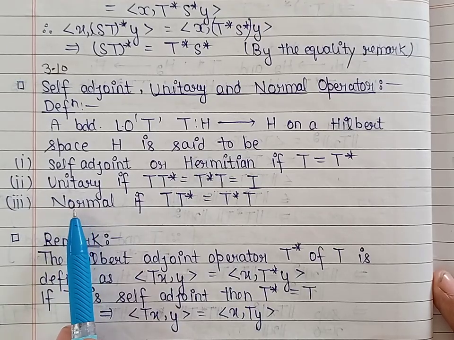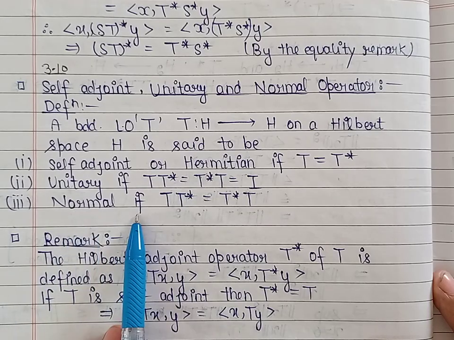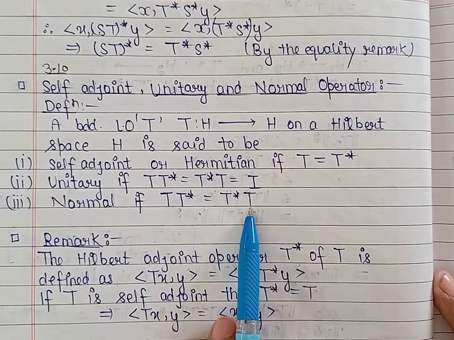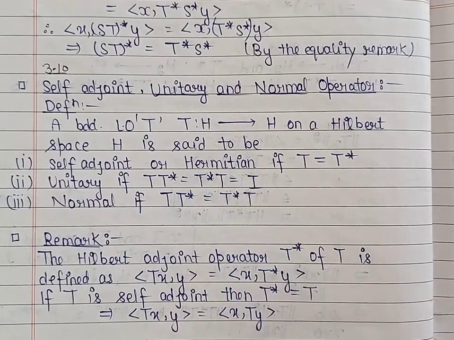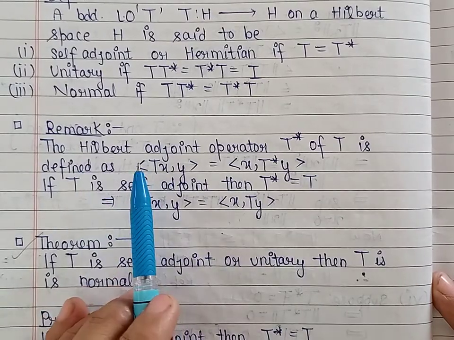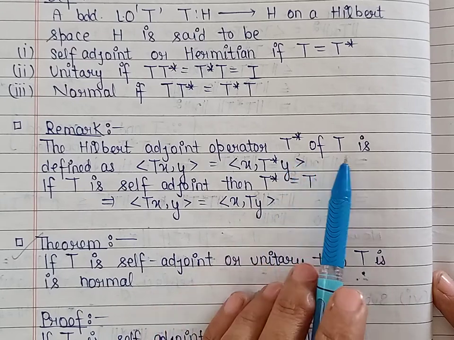Next, this bounded linear operator T is said to be normal if T into T star is the same as T star into T.